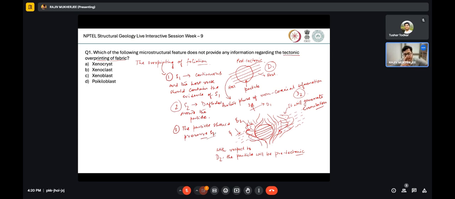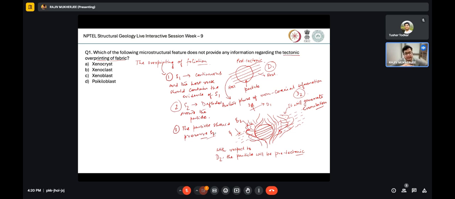And the attitude of the foliation, or the trend of the foliation that we measure from the particle, should match with the S1, the signatures of the S1. It should match. Unless there is a rotation of the clast or the particle, but in that case, the rotation can be determined from the deflection of the foliations around it of the second phase, right? So in any case, we can deduce this information if we have a particle that is preserving the initial foliations.